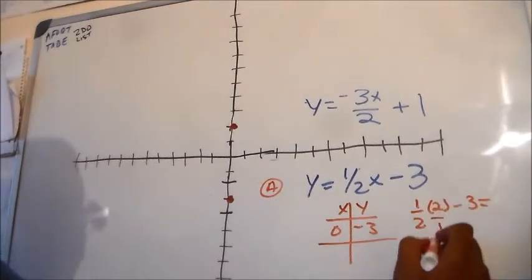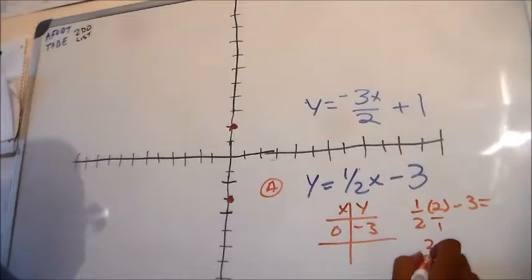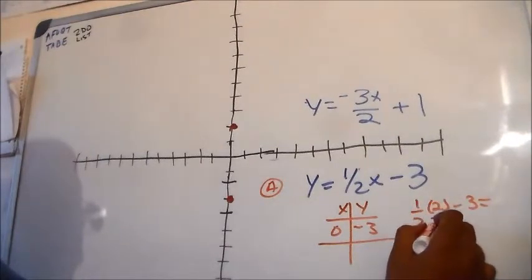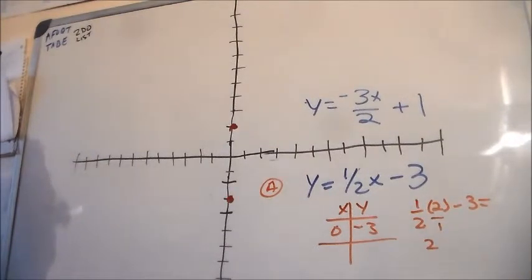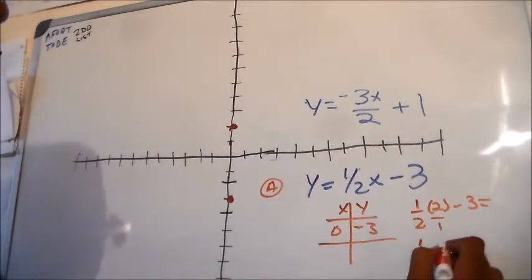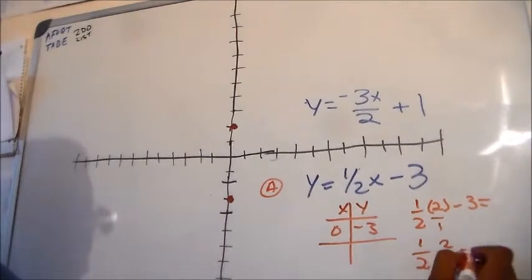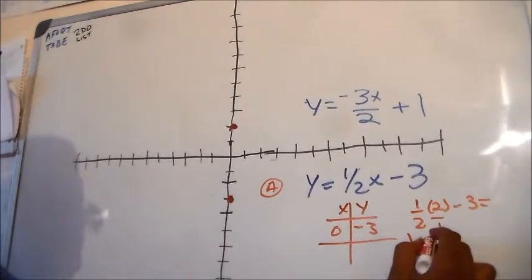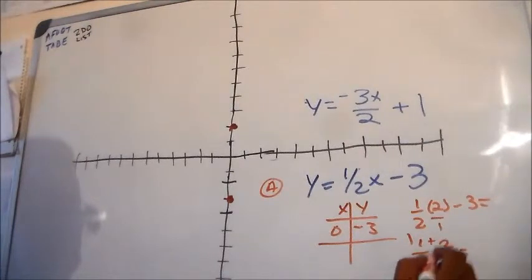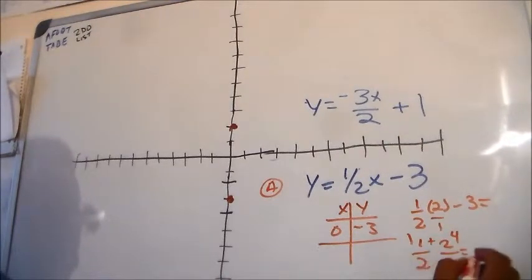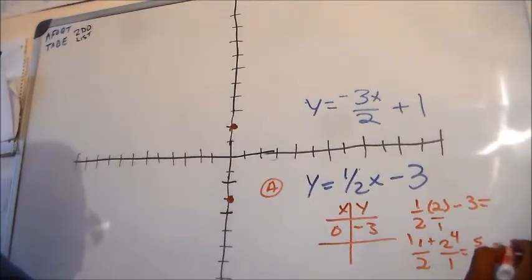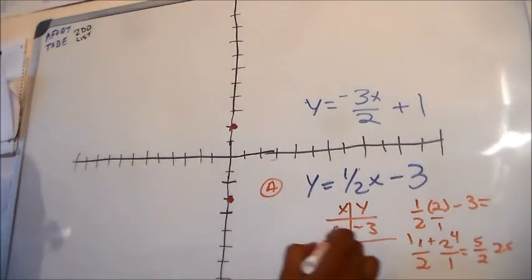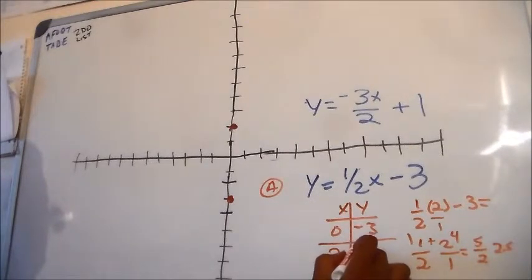Alright, well, 1/2 times 2/1, 1 times 1 is 1, minus 3 is -2. So if we plug in 2, we're going to get -2.